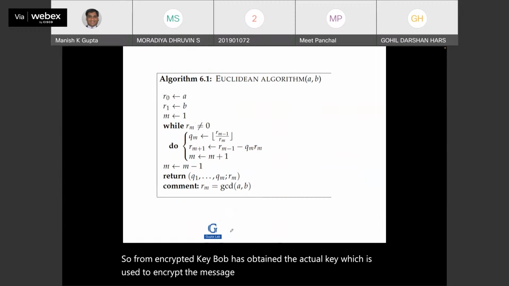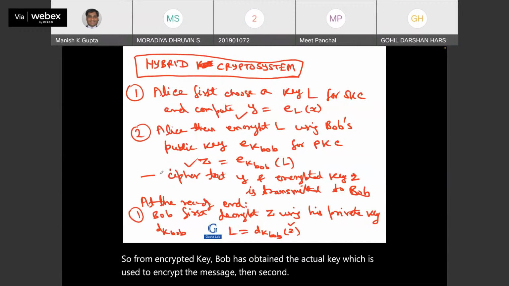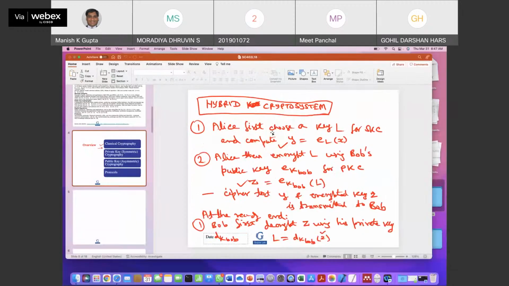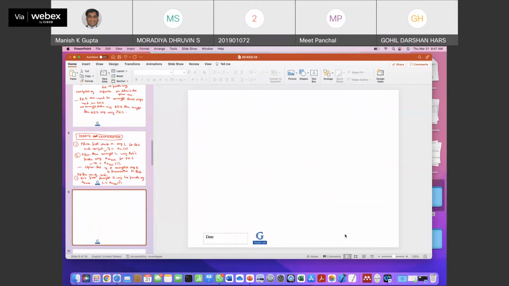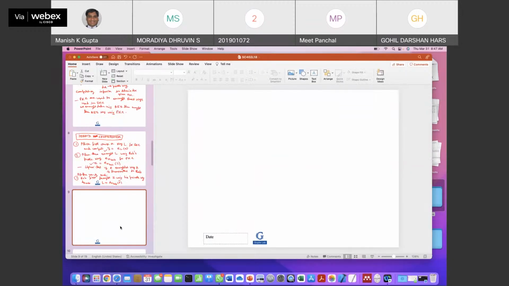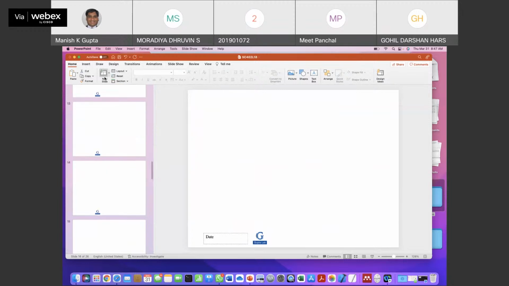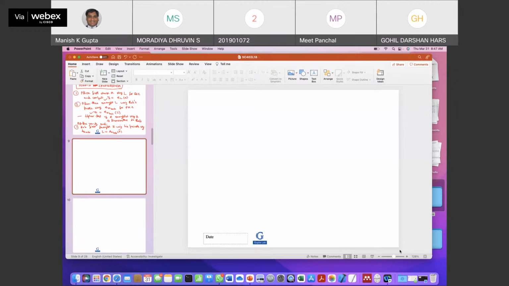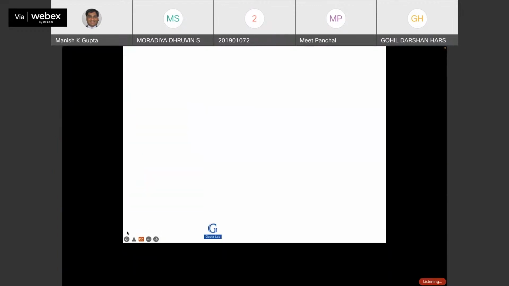Then second step, what Bob will do, use L, because now L is known to Bob, right?